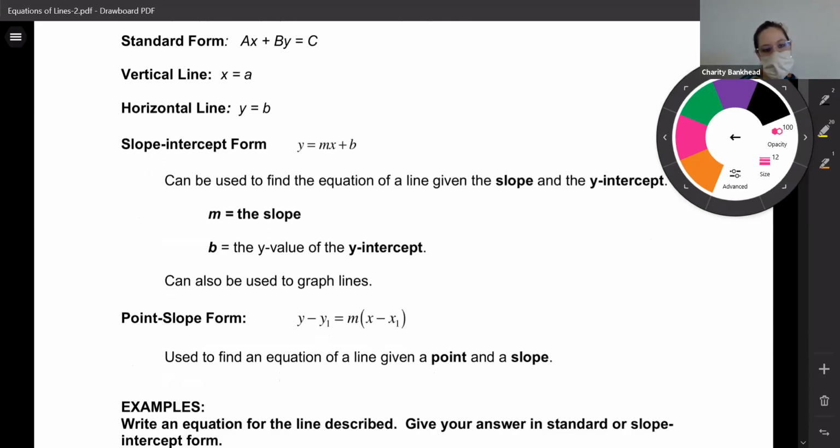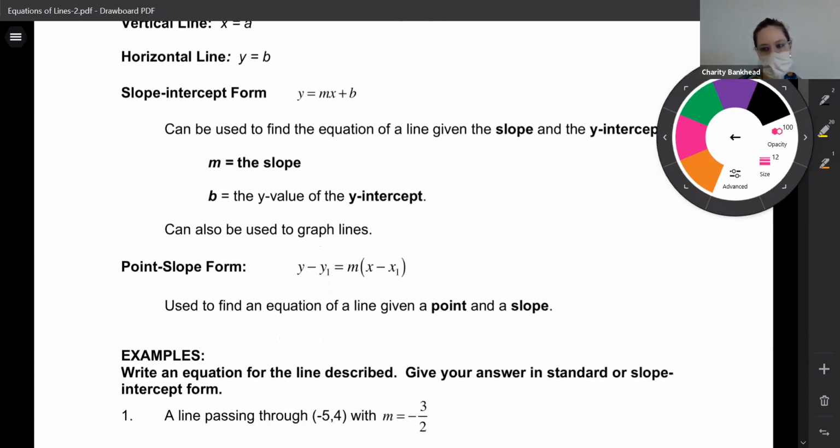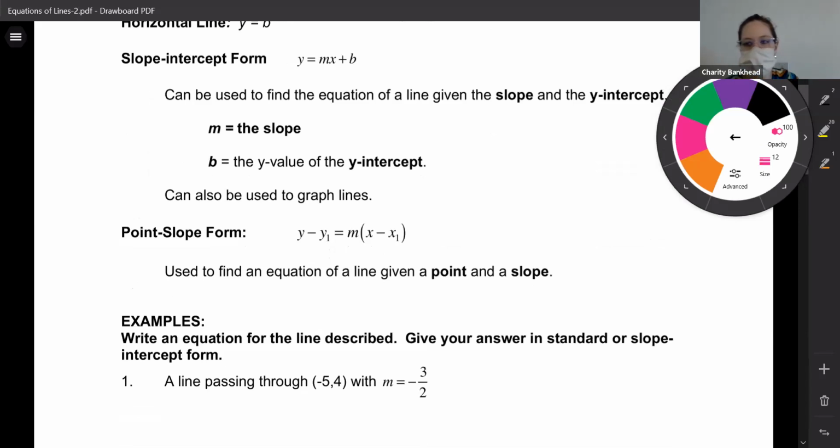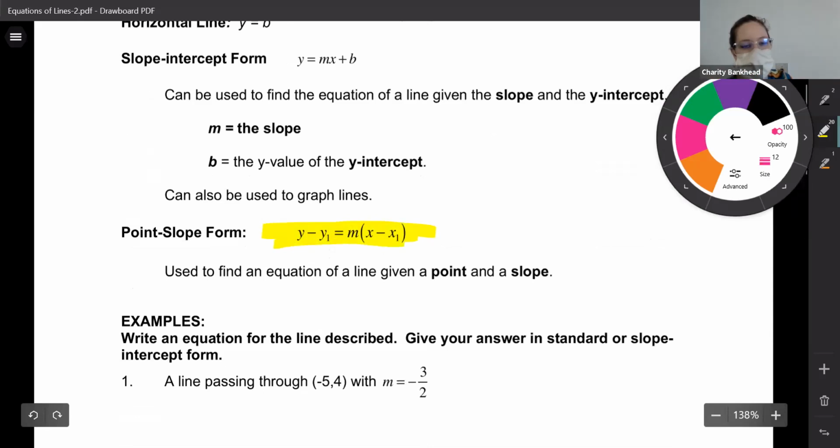Okay. Point slope form. So we haven't talked about that yet. Or I like to call it the point slope formula. Point slope form, same thing, I guess. So if you know a point that's on the line and you know the slope of the line, you can plug them into that formula to get your equation of the line.